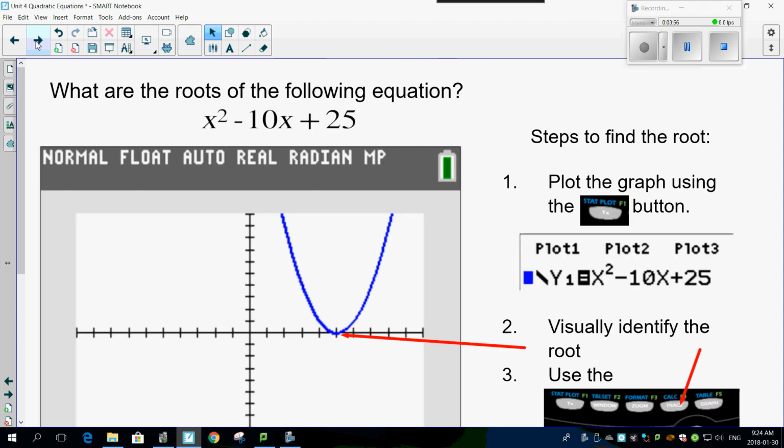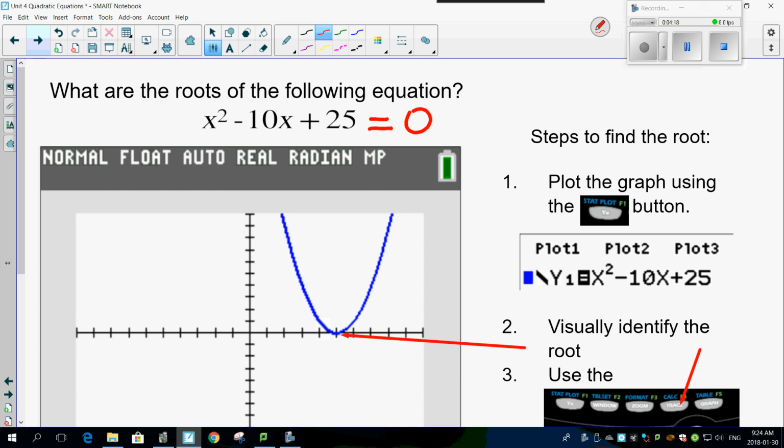Now, let's go on. How do we figure out the root? I wrote it out here for you on this podcast, but I've also got the calculator running in the background, and I'm going to show you how to do this. So what are the roots of the following equation? Well, it's not an equation yet. It's not an equation until you make this equal to 0.